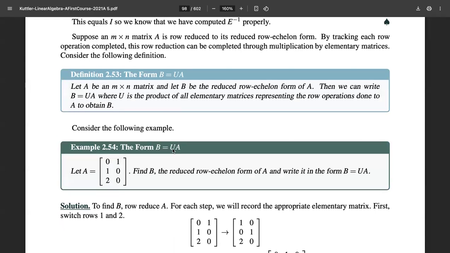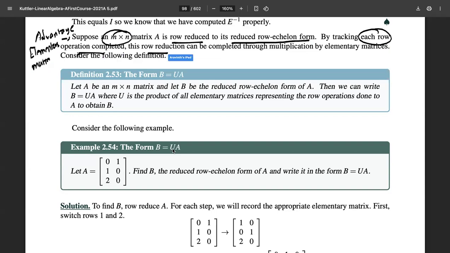All right. And then here comes the advantage of doing elementary row operations or elementary matrices. Suppose we have a matrix that's row reduced to its reduced row echelon form. By tracking each row operation, this row operation can be completed through multiplication by elementary matrices.